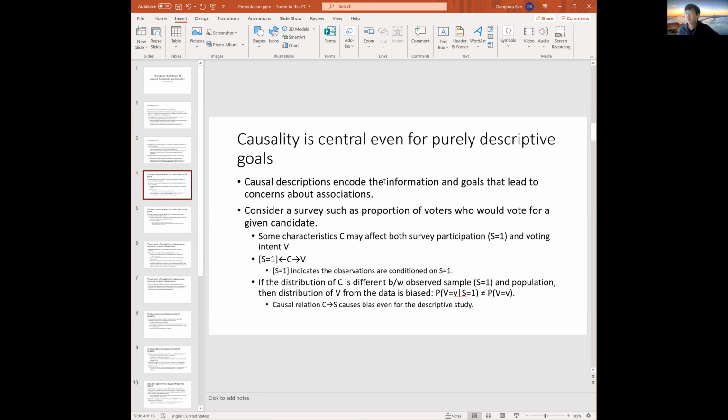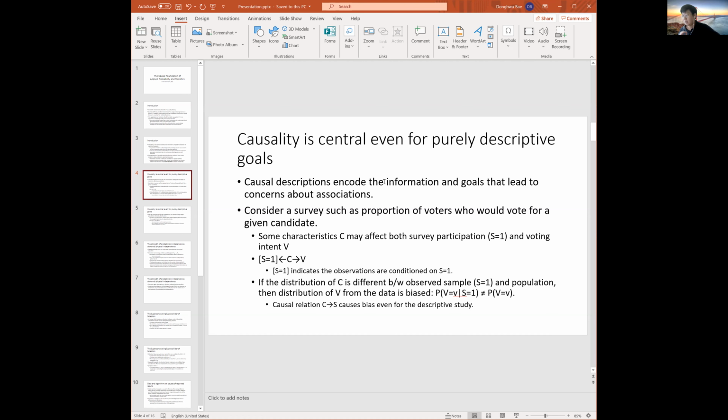Even for purely descriptive analysis, causality is central. This is the example. Consider a survey analysis about the proportion of voters who would vote for a given candidate. It seems that there is no causal part in that analysis.